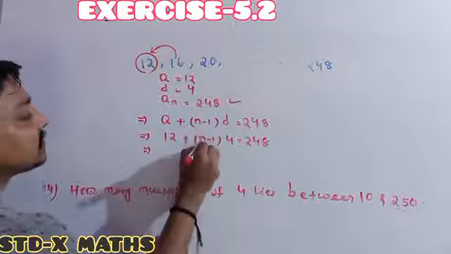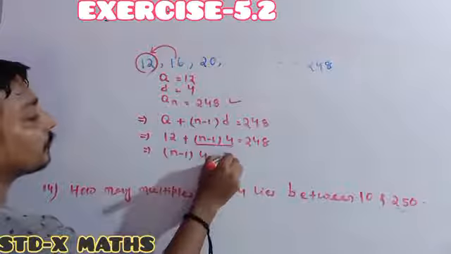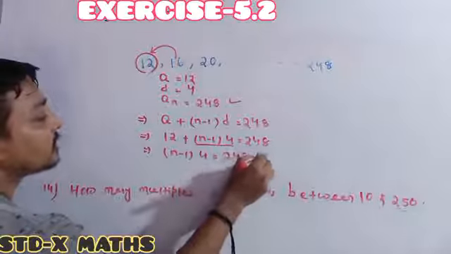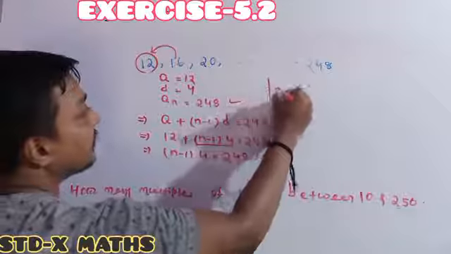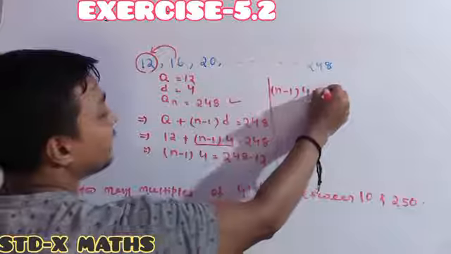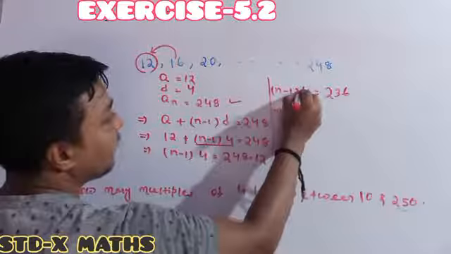So (n minus 1) times 4 is 248 minus 12. It means (n minus 1) times 4 is 236.